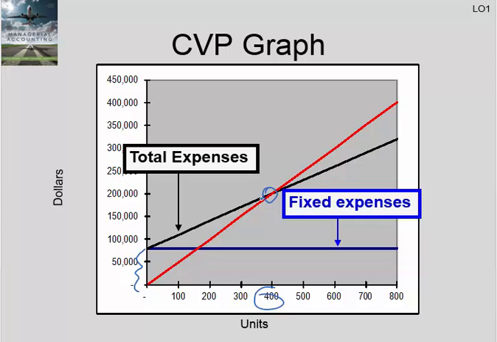So anything to the left of that, in terms of quantity produced and sold, you're in a loss. In other words, your expenses are higher than the revenue, so you're going to lose money. And anything to the right of that, your revenue is going to be higher than your expenses, and therefore the difference between those two at any given level of production is the actual amount of profit that you're going to get.